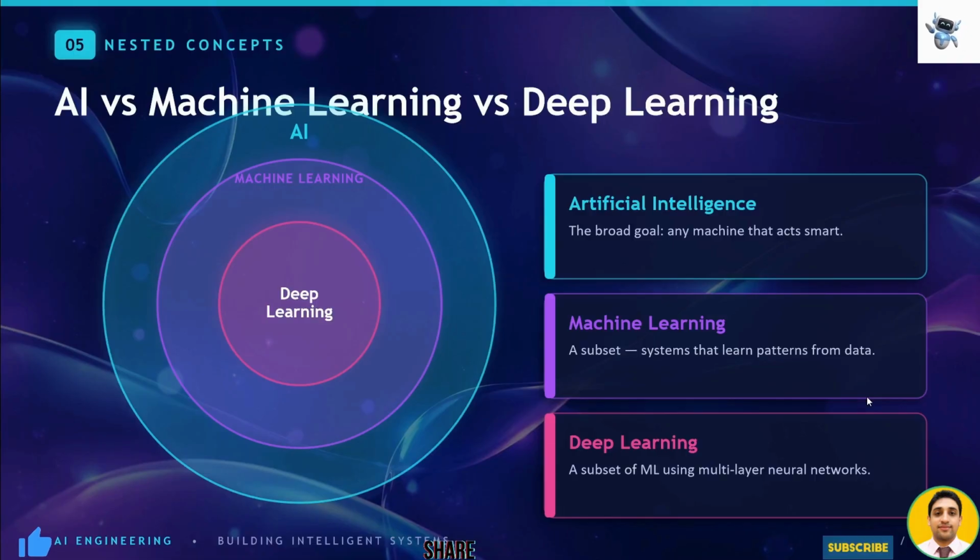Let's clarify this. At the outermost level, we have artificial intelligence, which is the broad goal of making any machine act smart, meaning it can perform tasks that would normally require human intelligence. This is the umbrella term that covers everything inside AI.